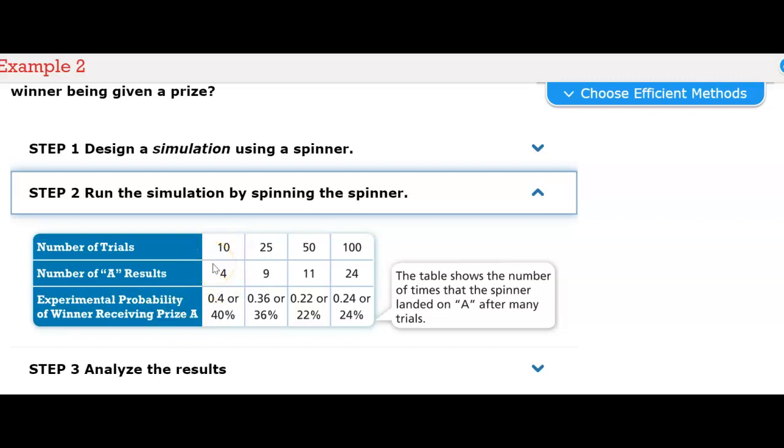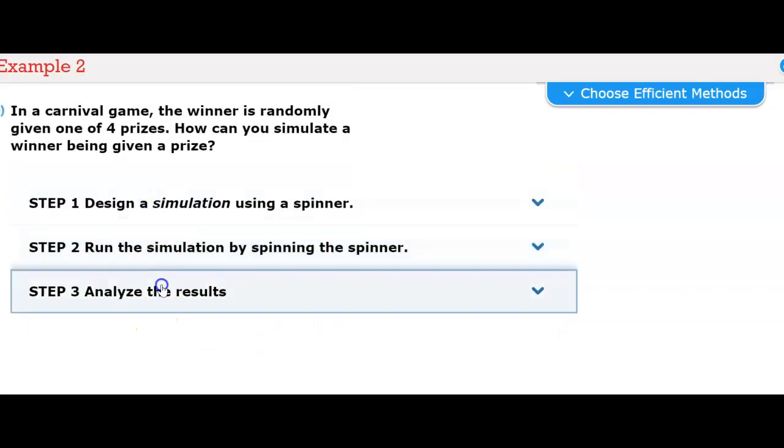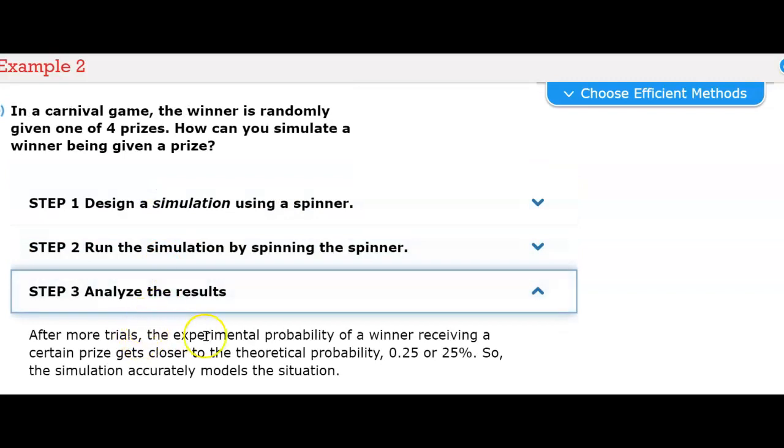Step 3, after more trials, the experimental probability of a winner receiving a certain prize gets closer to the theoretical probability of 25%.